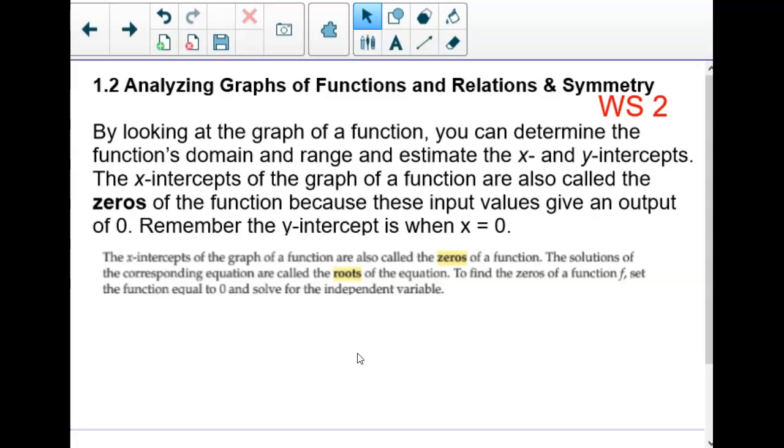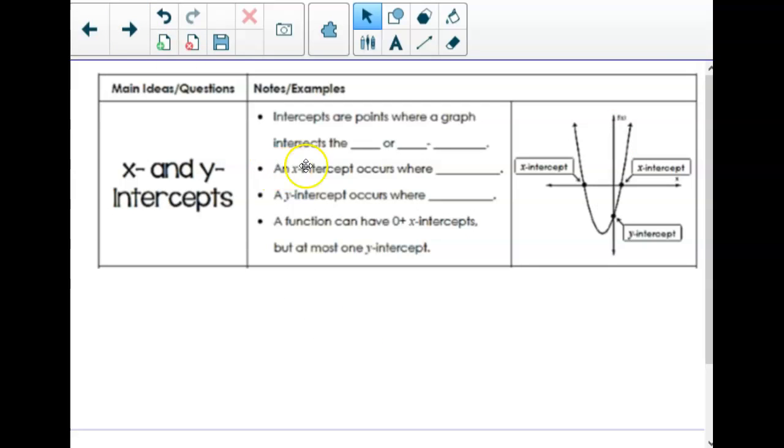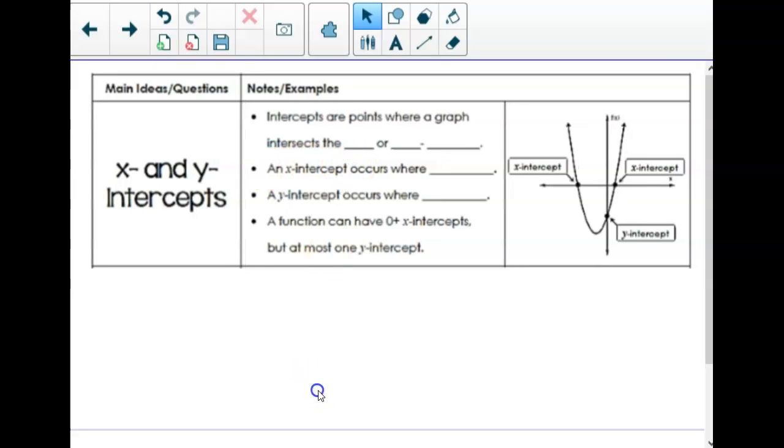The x-intercepts, the solutions of the corresponding equation, are called the roots of the equation. To find the zeros of a function, set the function equal to 0 and solve.